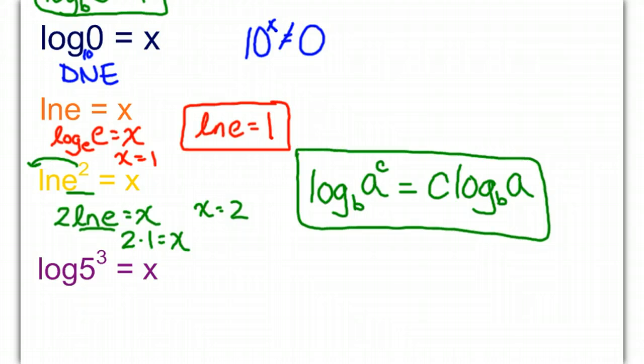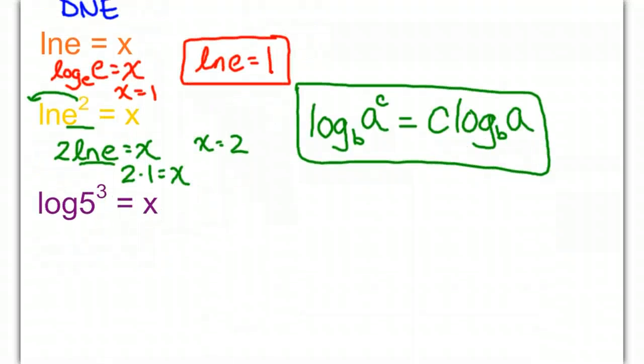So let's look at another example with that. So here we have log 5 cubed equals x. So we're going to move that 3 to the front. So 3 log 5 equals x. And then because this is base 10, that's the normal common log, we can use our calculator and find what that actually means.